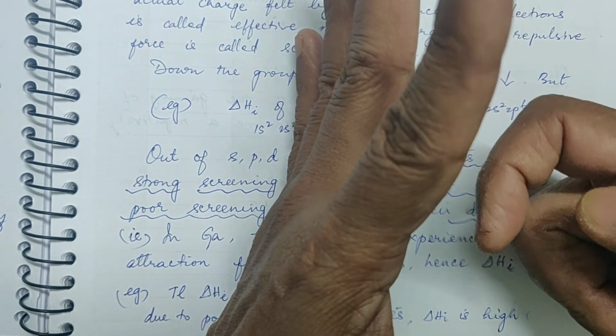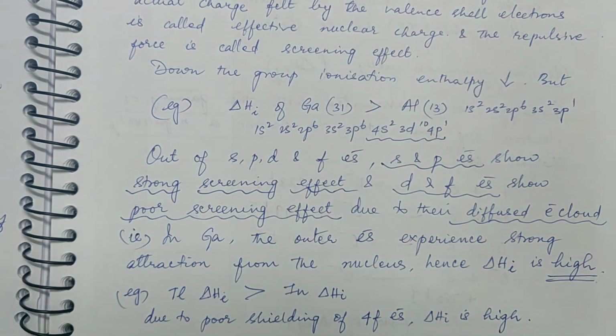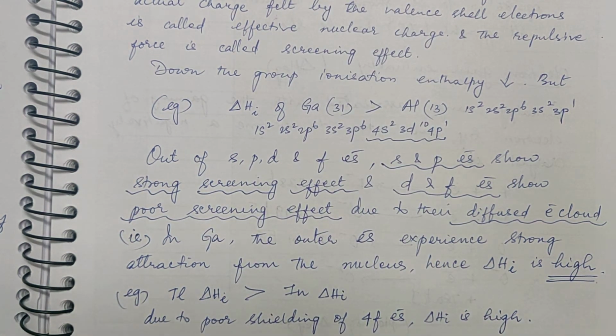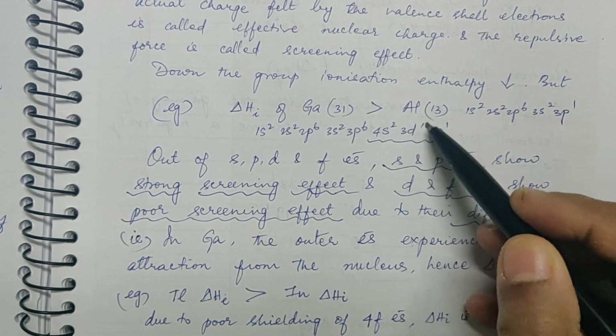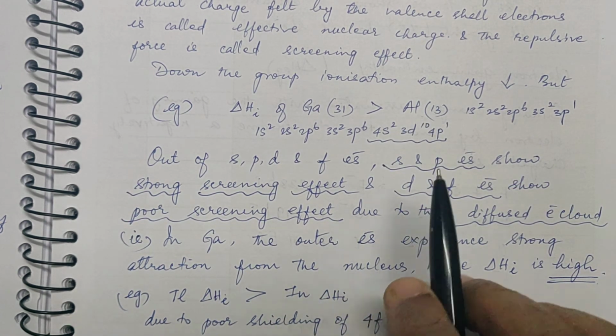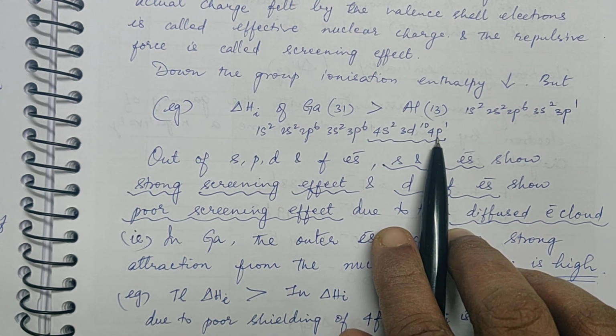They do not screen the outer electrons from the nucleus, right? So due to the diffused nature of this 3D, the outer p electron is getting enough nuclear attraction.